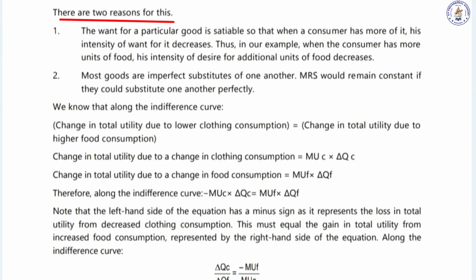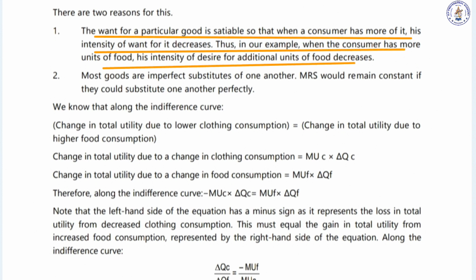Why? The want for a particular good is satiable, so when a consumer has more of it, his intensity of want for it decreases. He likes it, but for every extra unit, his satisfaction level is not as high as for the first unit. When the consumer has more units of food, the desire to consume more reduces for every additional unit.